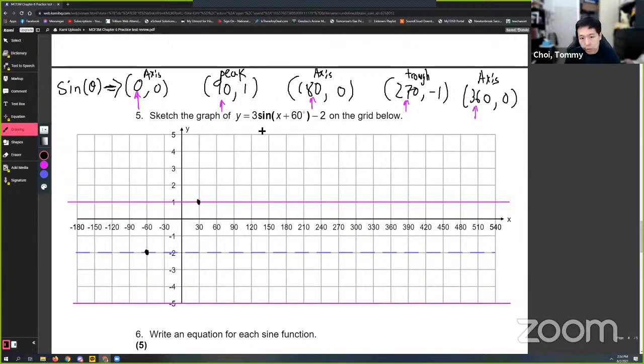So I'm going to go 180 minus 60, which is 120, and it's back to the axis. Then 270 minus 60 is 210 to the trough. And then 360 minus 60 to the axis is going to be 300, and that's going to be our graph there.